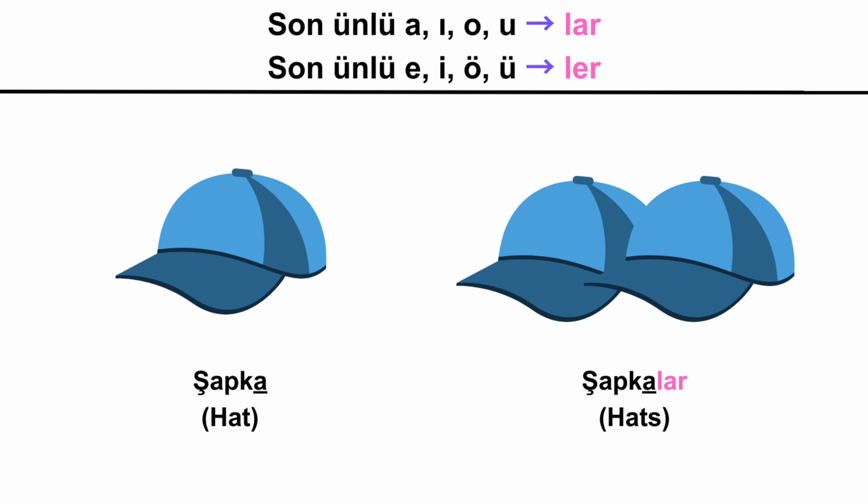We soften it. That's why we treat it like a front vowel, ince ünlü. That's why we treat it like it belongs to the second group, and we put ler instead of lar. It is saatler. Şapka, şapkalar.